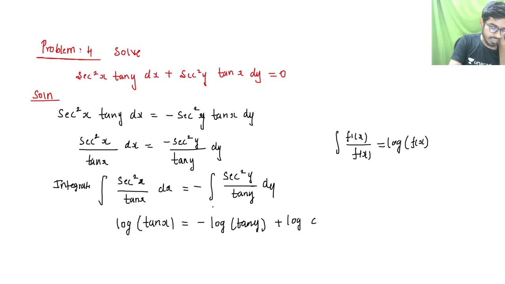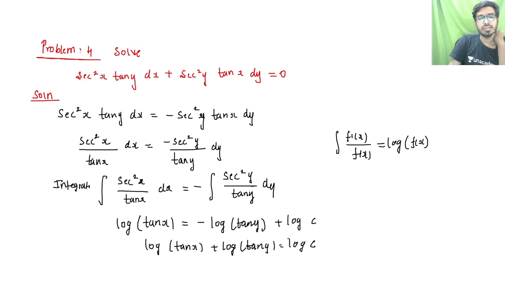Now it is very easy. This is same as log of tan x plus log of tan y is equal to log c. You know log a plus log b is log ab, so this will be tan x tan y.